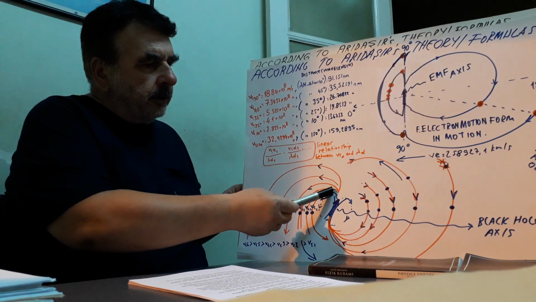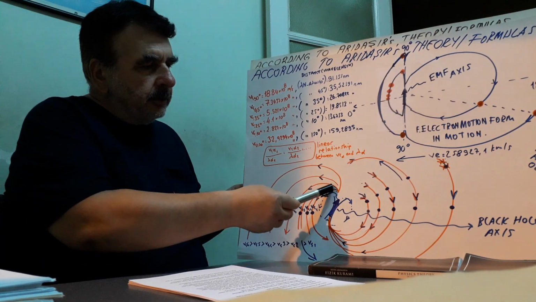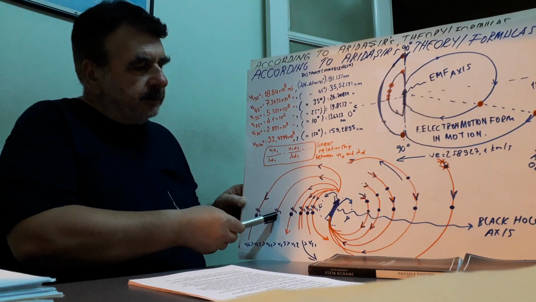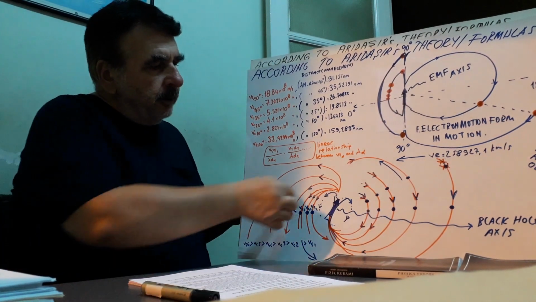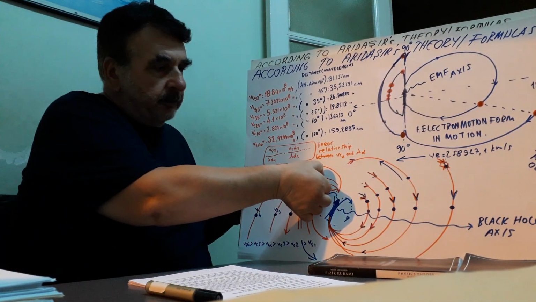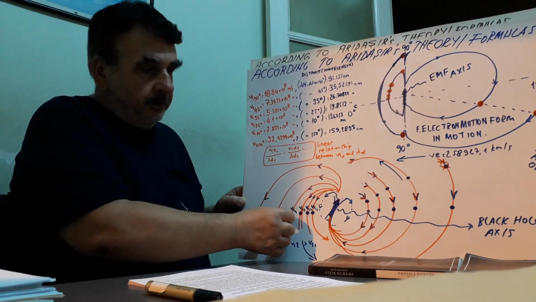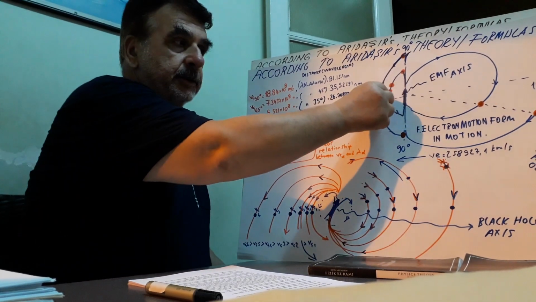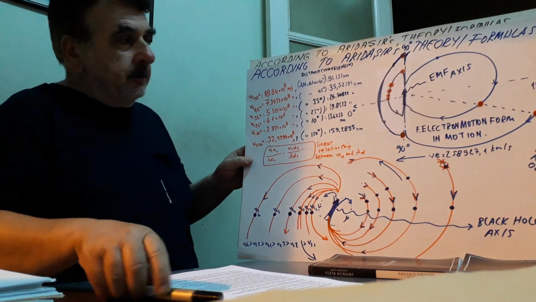Here, slower, greater, slower, greater, slower, greater. Here, greater, greater, greatest, like this. Because here the wavelength is narrower, here the wavelength is larger. Here the wavelength is smallest, here the wavelength is largest.